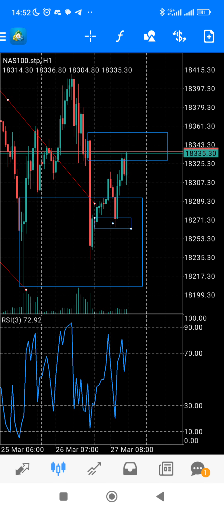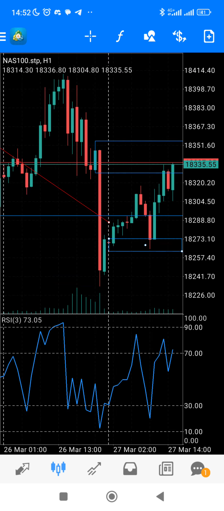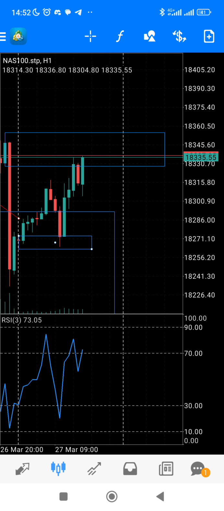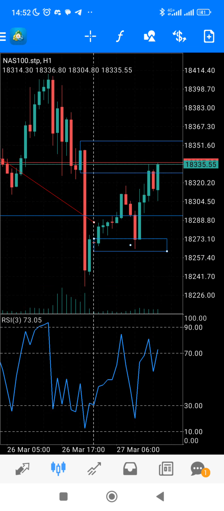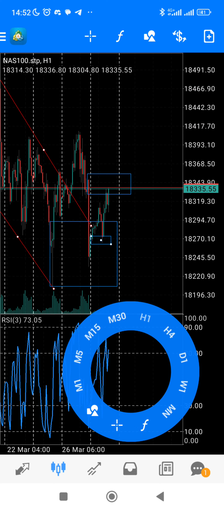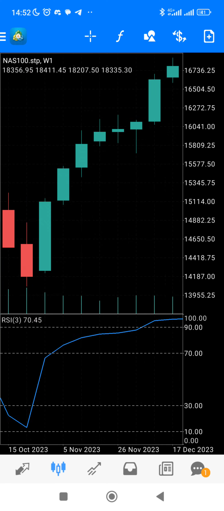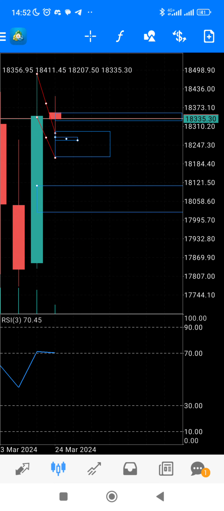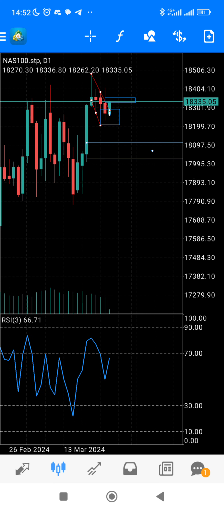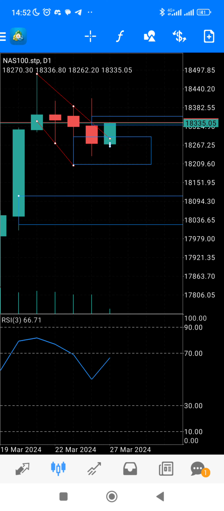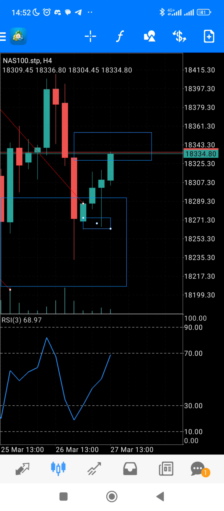We cannot get married to a bias, guys. One of my mentors taught me that, and told me getting married to a bias is no good. So based on the higher time frames, weekly, daily, it's all looking bullish. But remember, we need to trade now. We need to trade today. We need to find a trade for this week at least.